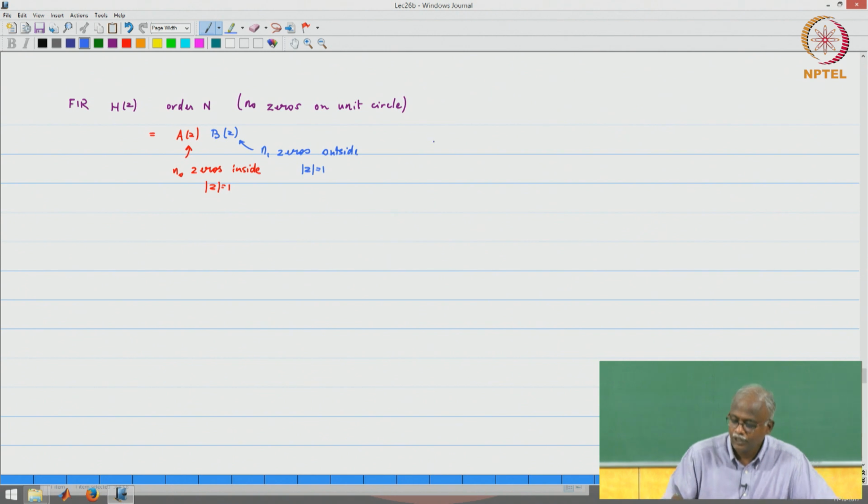And of course n0 plus n1 must be equal to uppercase N, the total number of zeros that are present.